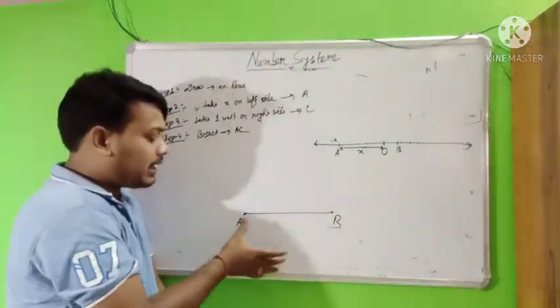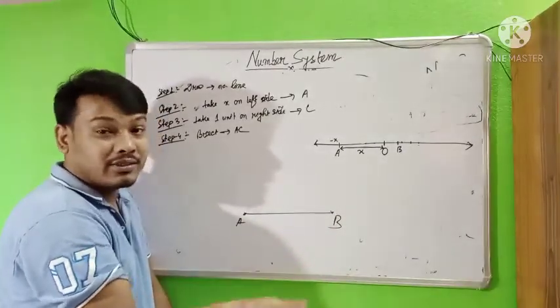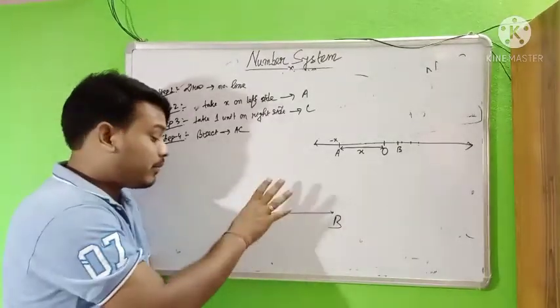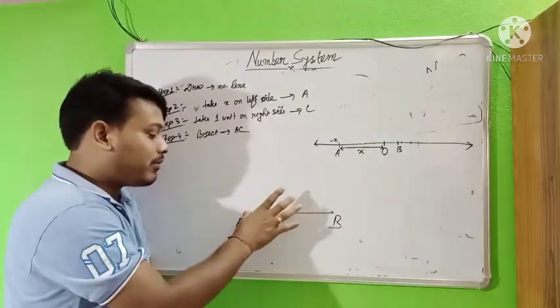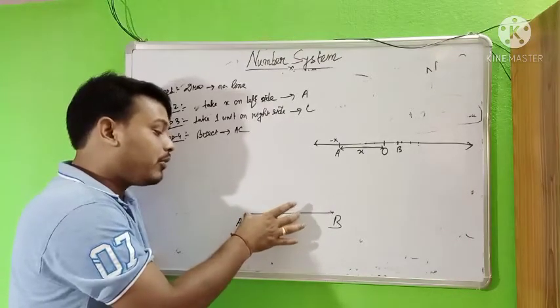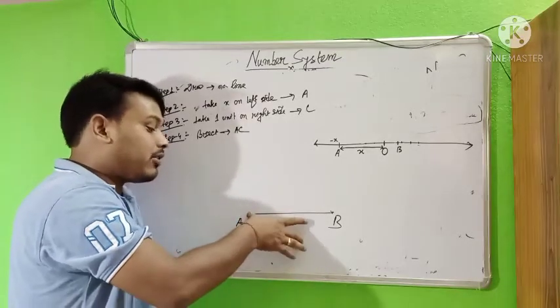We learned it in class 6 or 7. We take more than half the length with the compass, put the compass on A, and take arcs on both sides of the line.